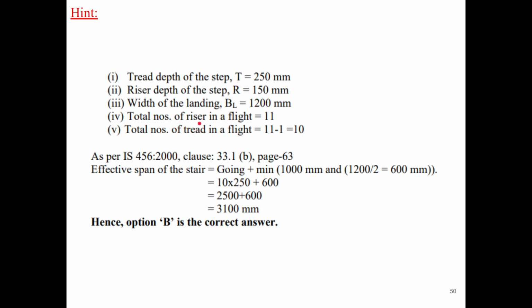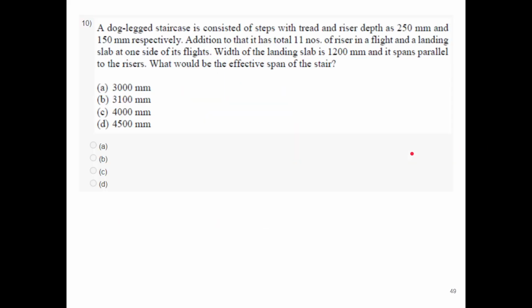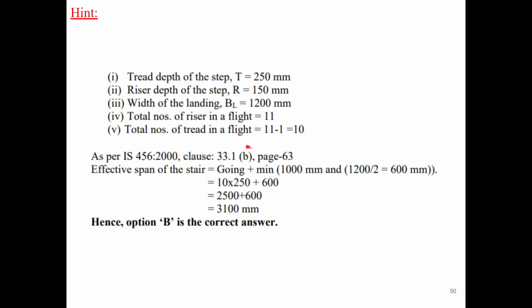Number of risers in a flight is 11. And therefore the number of treads in a flight will be one less than the number of risers, so it is 11 minus 1, that is 10.